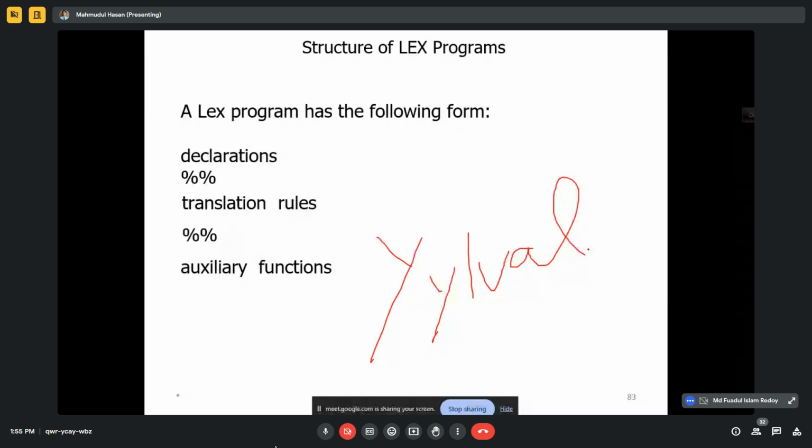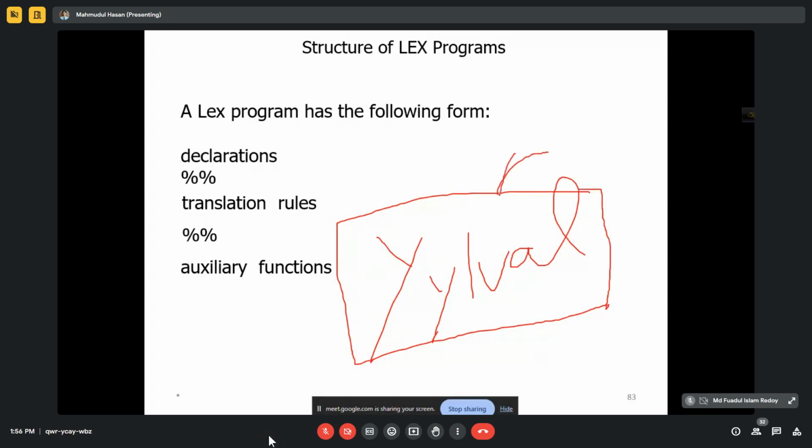We know that the symbol table is used by all the phases, and the symbol table means the attribute value. As the symbol table is used by all the phases of the compiler, this yylval value indicates the symbol table, because it contains the value of the attribute. That's why it is a global variable containing the attribute value. That's all. It's a global variable, and this variable is also used by the parser or syntax analyzer.